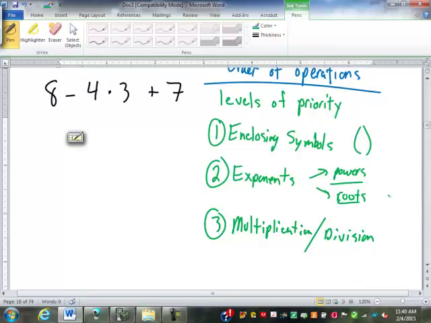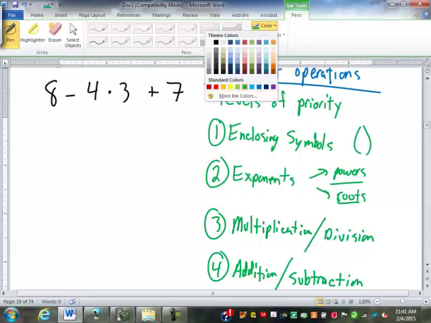Just like roots and powers are the same operation, combined to make the exponents. And then finally, the lowest level of priority is addition and subtraction. So we can only perform addition or subtraction if there is nothing else of any higher priority to do.